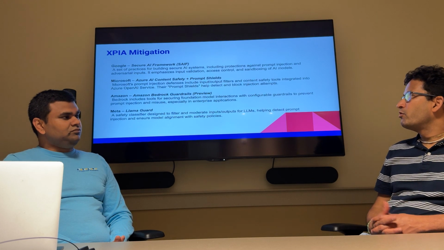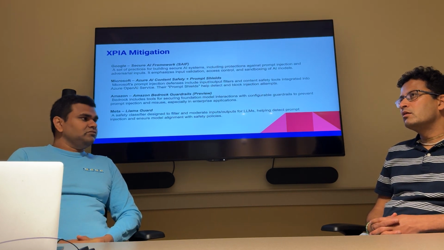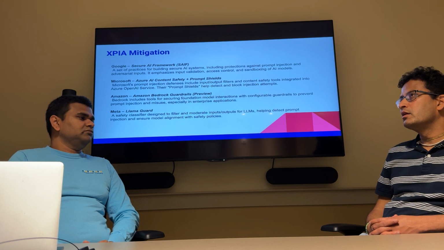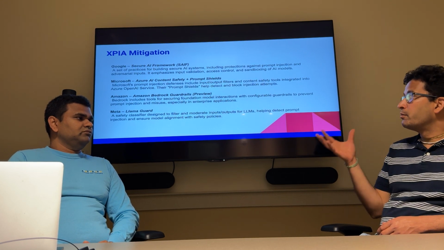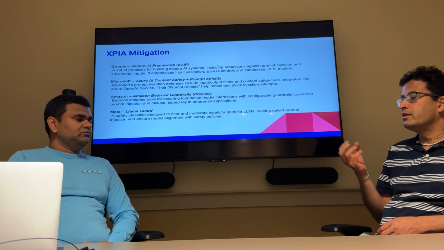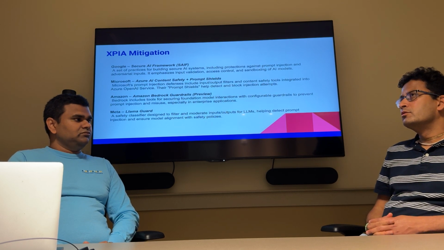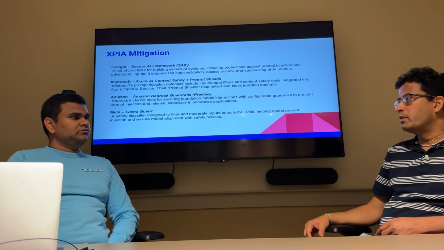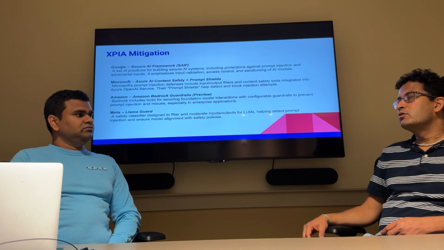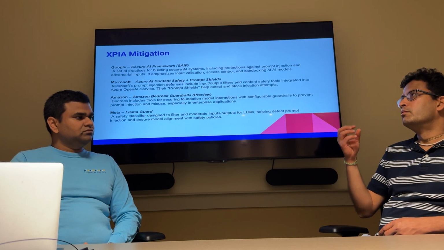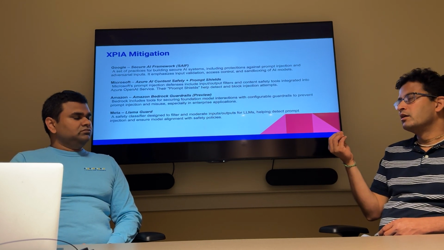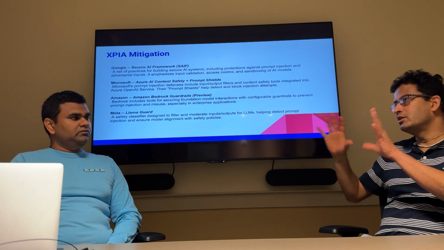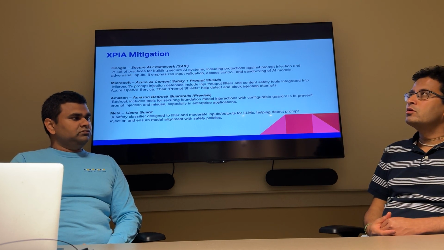Before we jump into mitigation, we have to understand the root cause of this attack, and then we can see how companies like Google, Microsoft, Amazon, and Meta have implemented mitigations. The prompt that was given can be broken into two parts. First, the prompt was to get some information on a specific subject, and the second part was to send it to some URL.